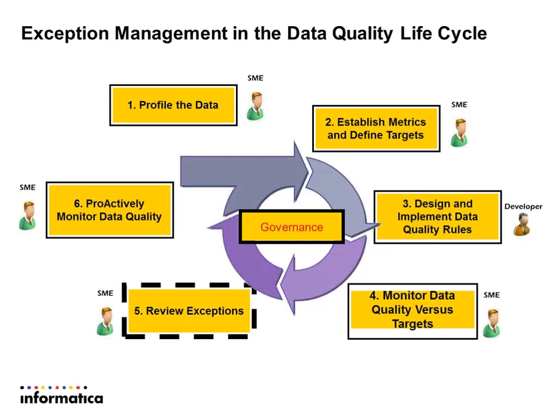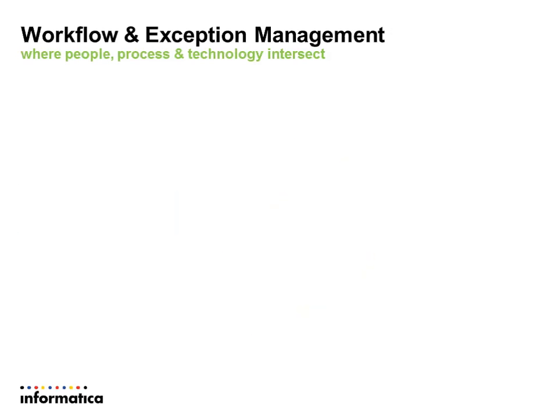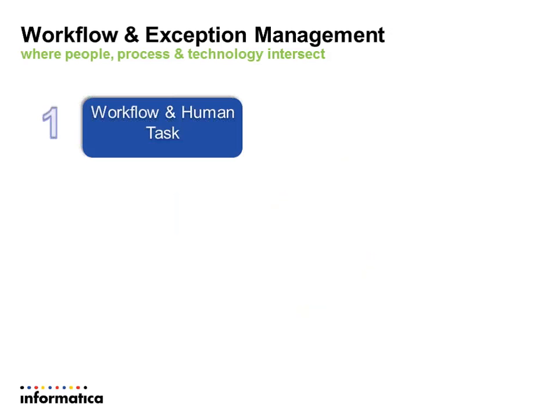Now that we have understood the importance of exception management, let us understand how we can implement this using data quality. There are 3 stages in exception management. First, we need to design a workflow with a human task such that an automated process is integrated with a human to correct the exceptions manually.